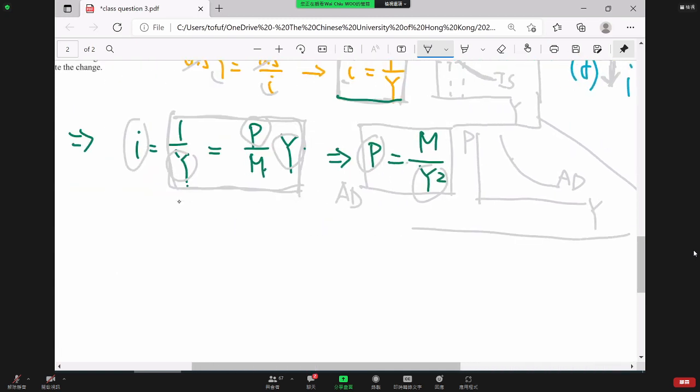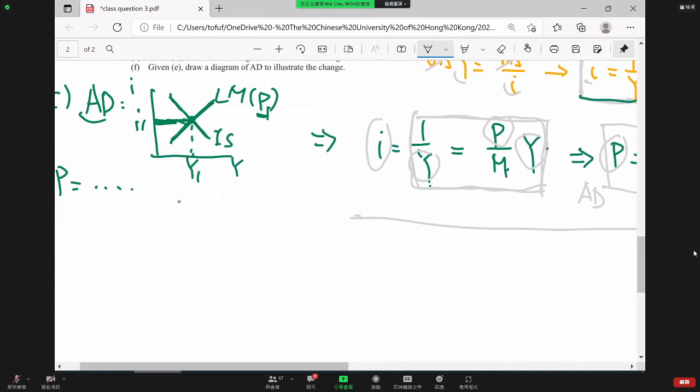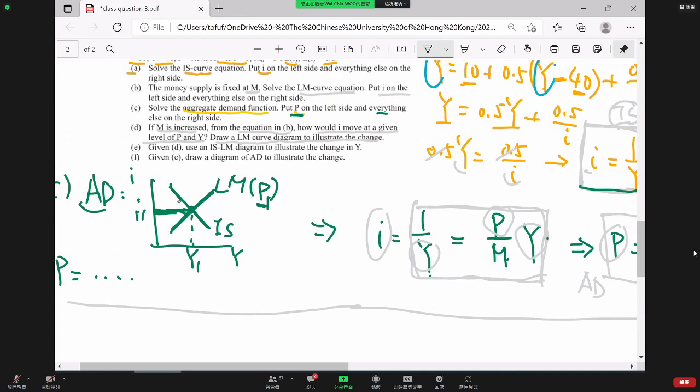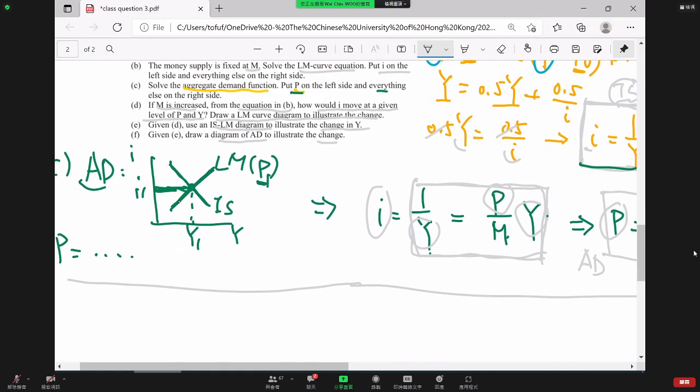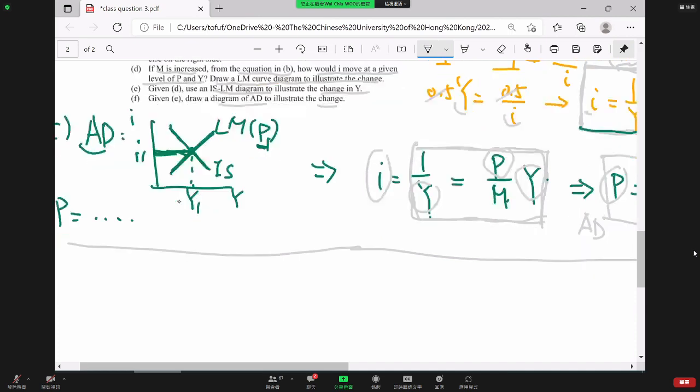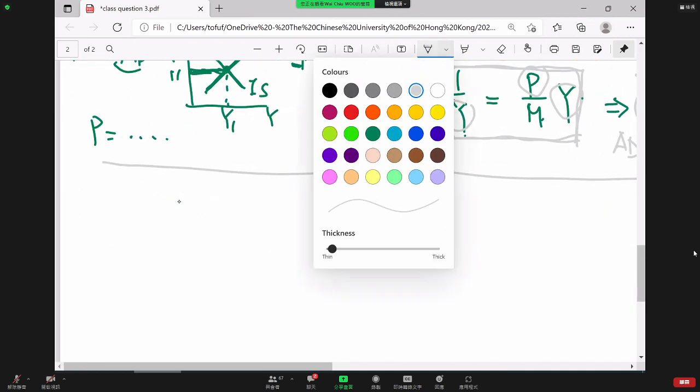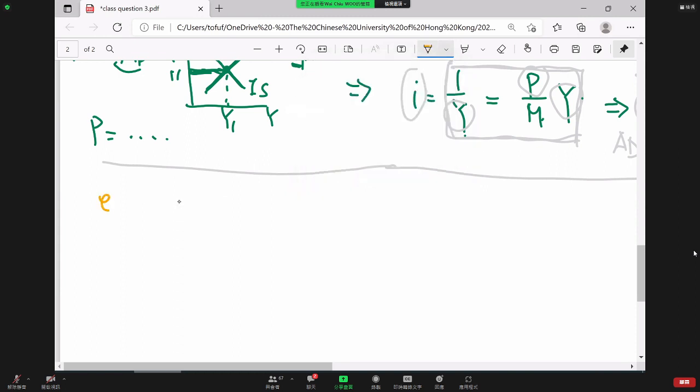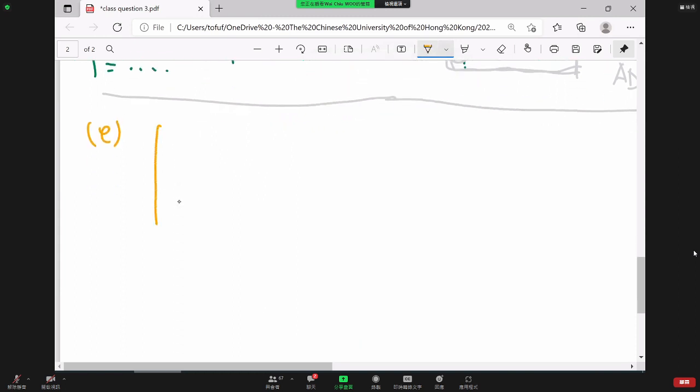D. And then E. Given D, use an IS-LM diagram to illustrate the change in Y. And F is draw an AD curve to illustrate the change, right? So E and F are to draw IS-LM and AD respectively. Okay. So E. IS is something like this.